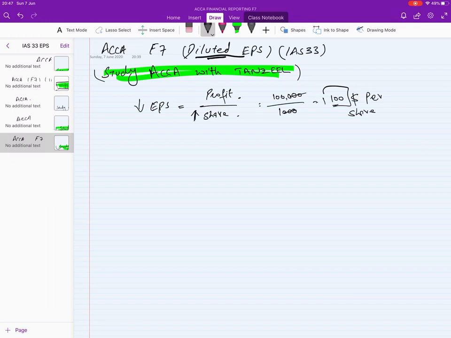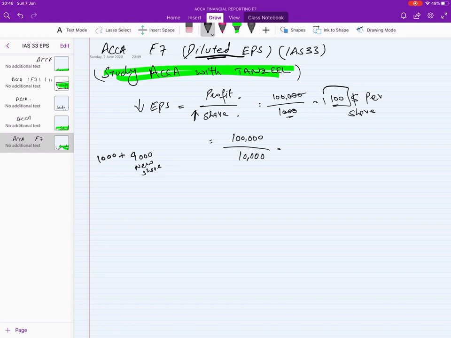Suppose $100,000 is your profit, and the company was having 1,000 shares before. Now the company is issuing 9,000 more new shares.